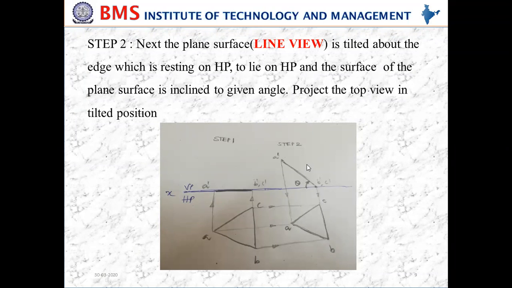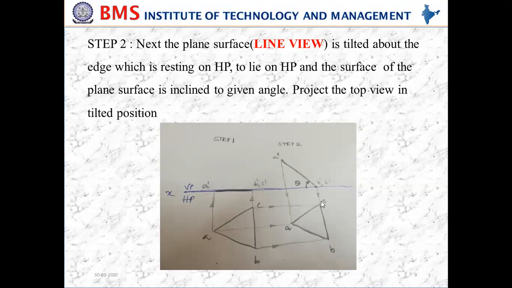The line view has to be tilted to the given angle. Then, from the line view and the previous top view, by drawing vertical and horizontal projection lines, we obtain the apparent shape in the second set of views.